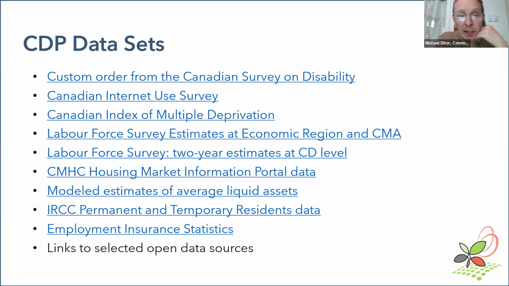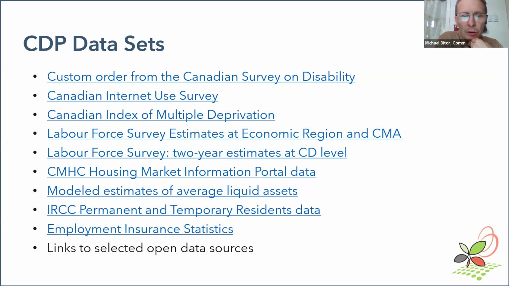CMHC has their housing market information portal. We request, they're giving us the flat files that populate that portal, just because sometimes the portal is a bit clunky to use if you want more than one geography or one time period, for example. We occasionally experiment with modeled estimates.